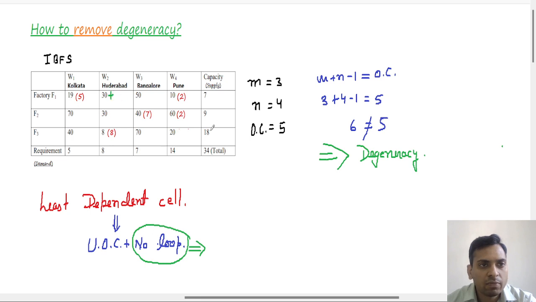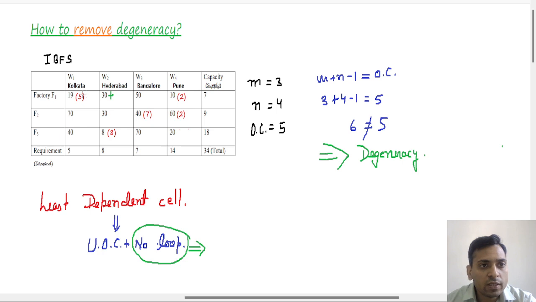We will put a plus symbol here. And after that, we will move in the horizontal direction or vertical direction, with an occupied cell or the starting point.